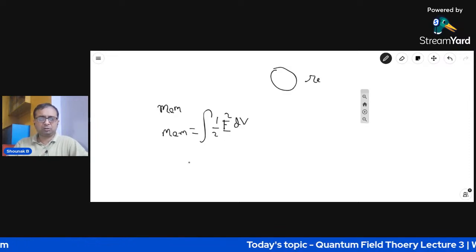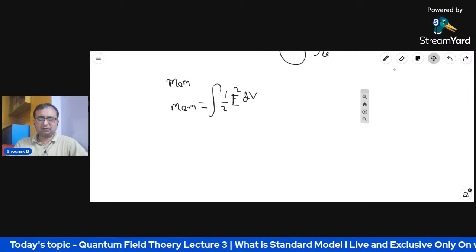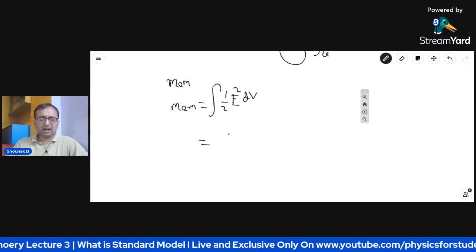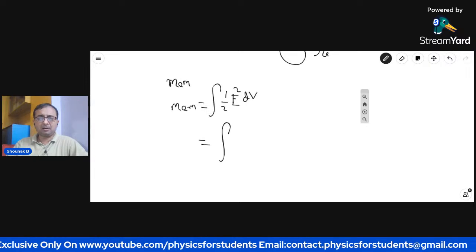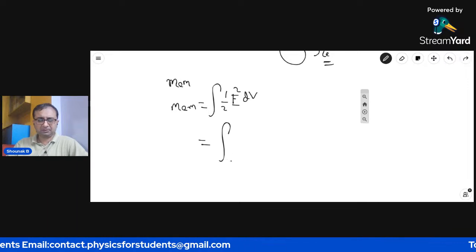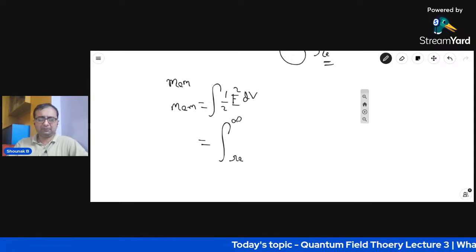Let me pull it up a little bit so that you can see. This would again be equal to the integral, and I would take the radius, which would be re, and this would go up to infinity.